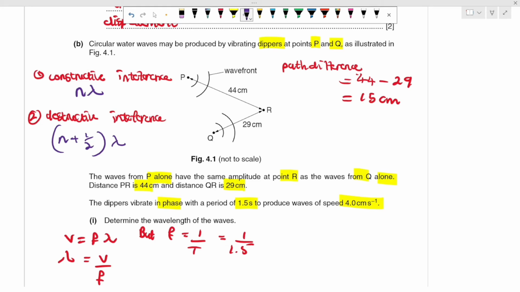So it means that at that point they are differing by some half of a wavelength. If you have a crest, it's going to meet a trough. Then they'll cancel out. Then they're going to be at rest. But if they're differing by 1 lambda, it probably means it's the same wave, just differing by lambda.